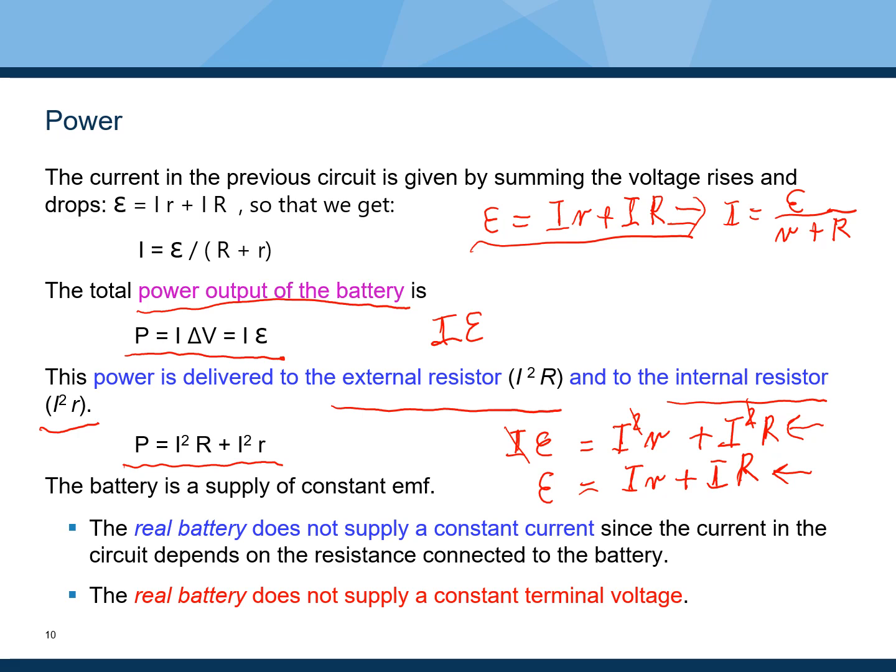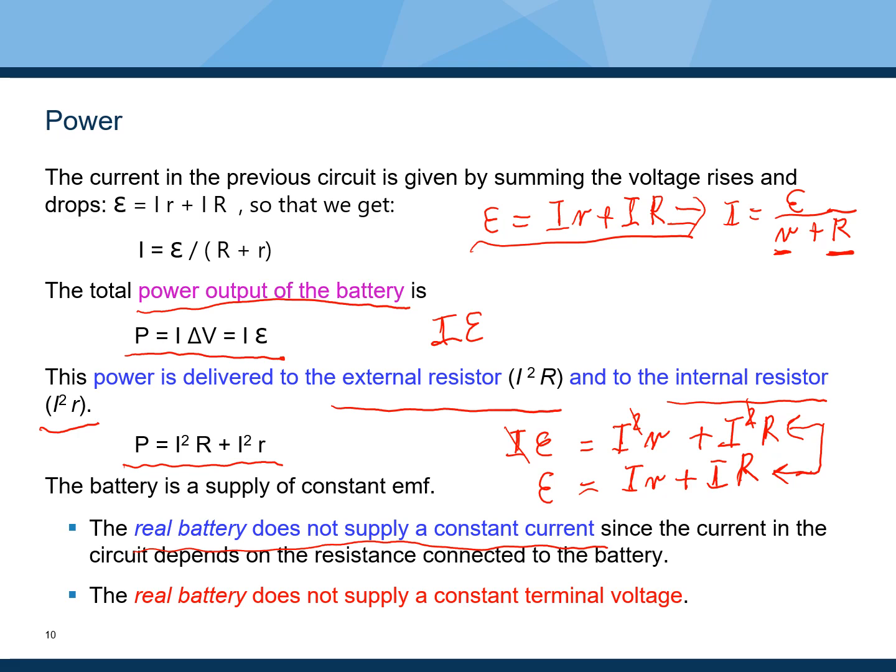And we now understand that the two concepts for simple circuits are completely equivalent. So we also understood that a real battery does not supply a constant current, because as the amount of external load that you put on the battery changes, it supplies a current that is determined not just by the external load but by the internal resistance also.